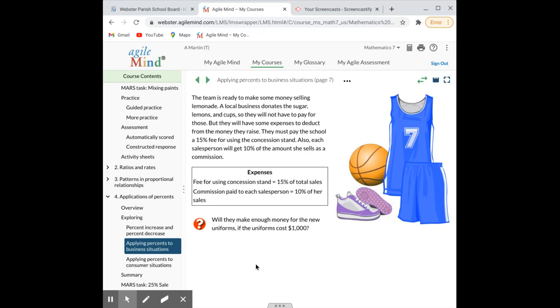So sometimes we have school fees, or you might have a fee for playing a sport or anything of that nature. Library has a fee. So all types of things. Even the rec center has a fee for you to be able to use their stuff.